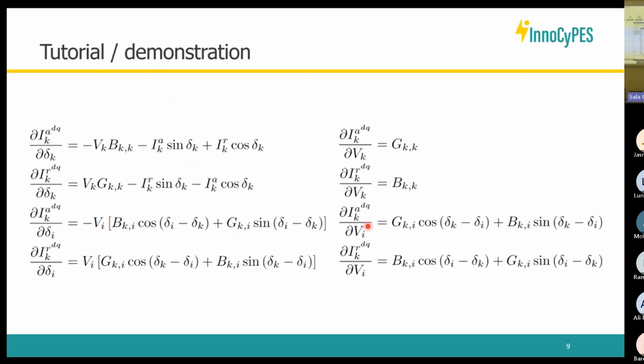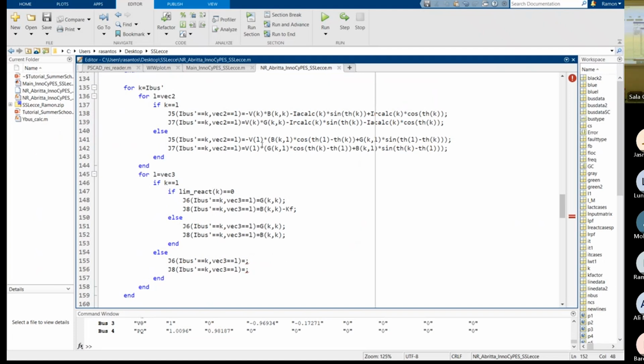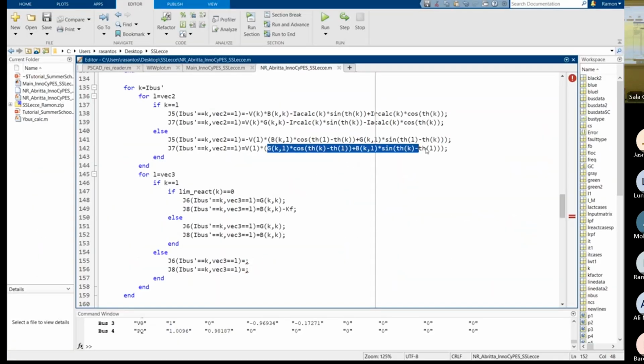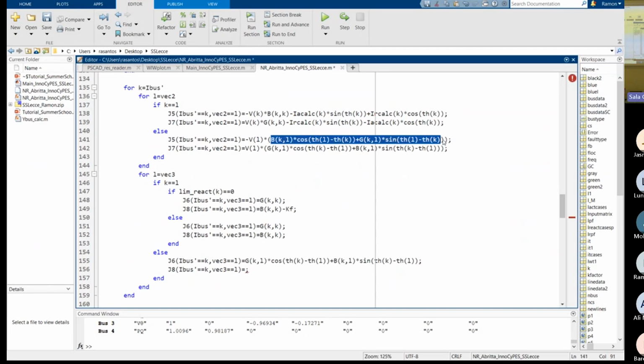And here we can just copy paste, because if you take a look, this derivative is identical to this part right here. So let's do that to save time. And the one below is identical to this part.